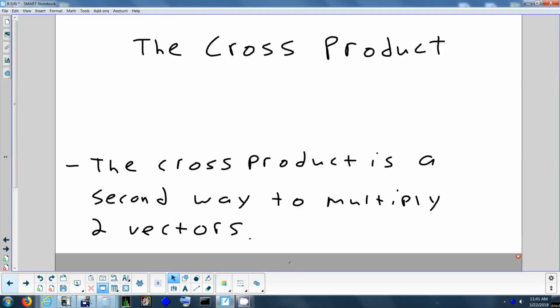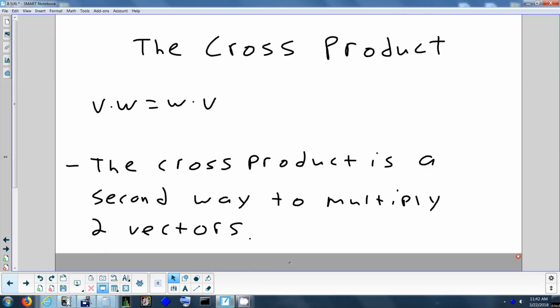And with dot product, we learned it was commutative. V dot W equals W dot V. This is the reason we don't say times or multiply when we talk about vectors. Because if you said to somebody that knows anything about vectors, I want you to multiply vector V times vector W, they wouldn't know what to do.